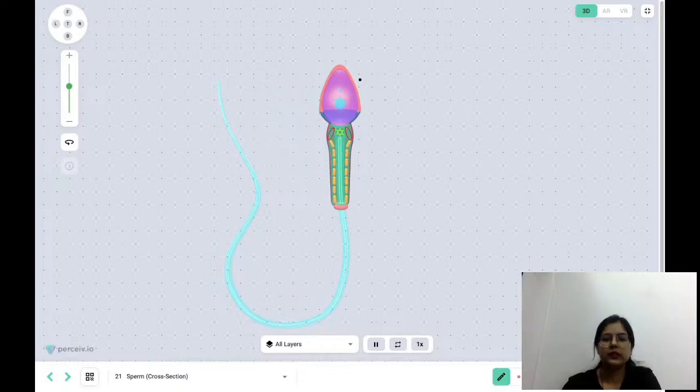So this one is your acrosome, basically. And this one is the nucleus. Now, what is acrosome? We will be discussing this as well.